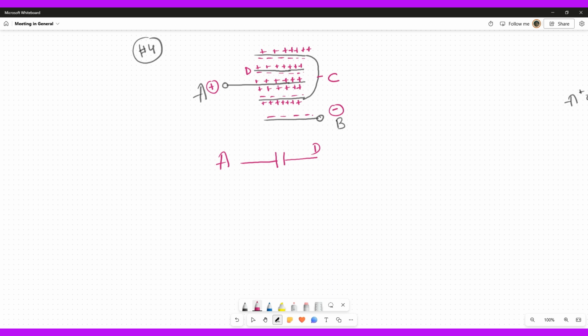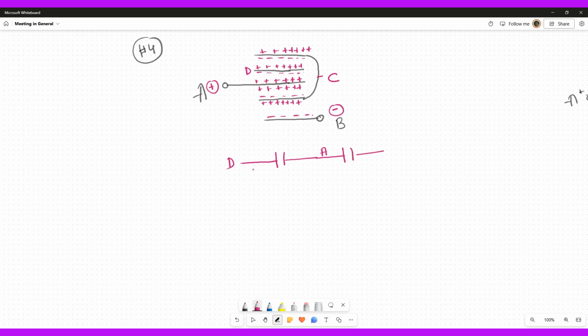Between the point C and the point D. So it is better you take the point D here. So this point is D and this one A. With A, there is a capacitor between A and the point D. That we have taken. Now between A and C also it is there. See, this is positive, this is negative. So draw it there.